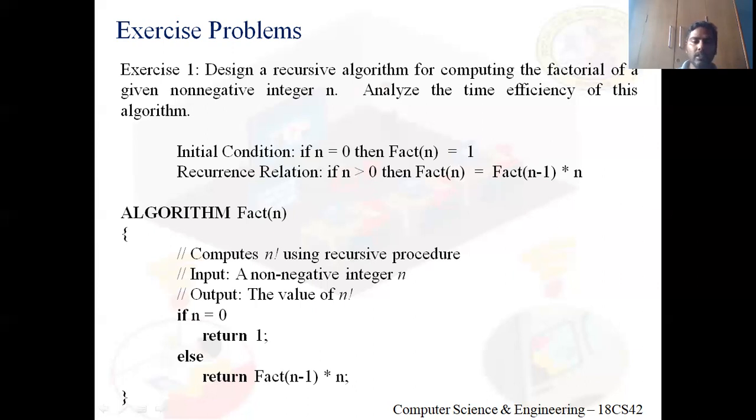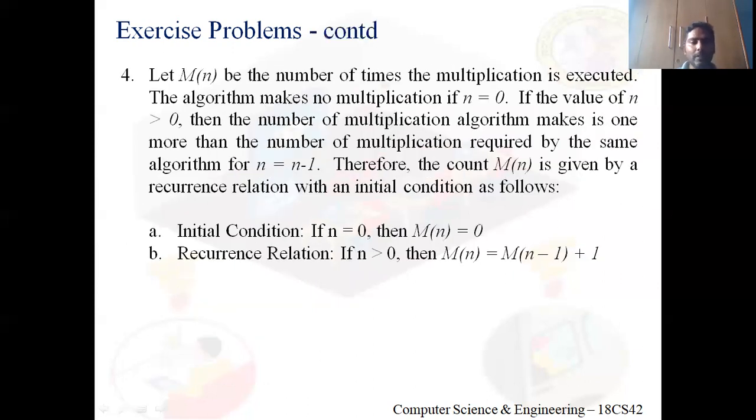So look at the recurrence relation. What I said: m of n equals m of n minus 1 plus 1. Here m of n minus 1 is the number of multiplications in the execution of fact of n minus 1, and for that one multiplication I need to add. Clear?